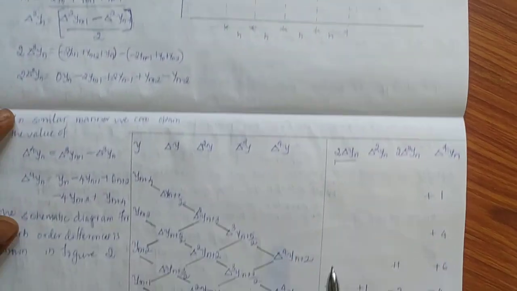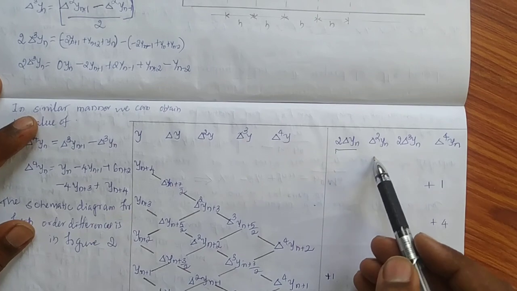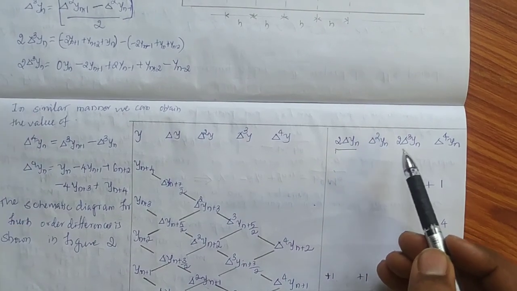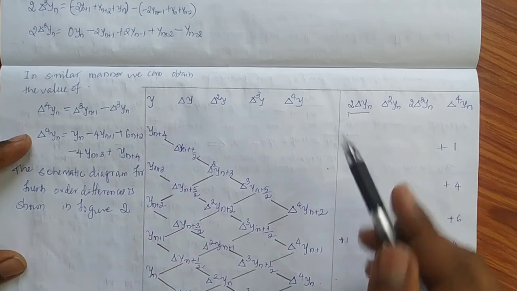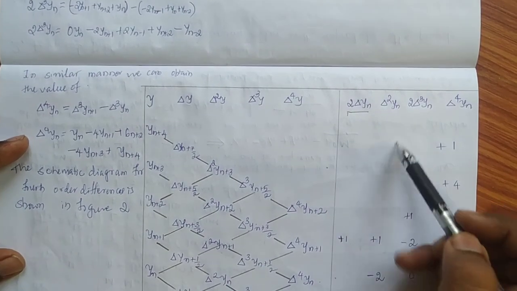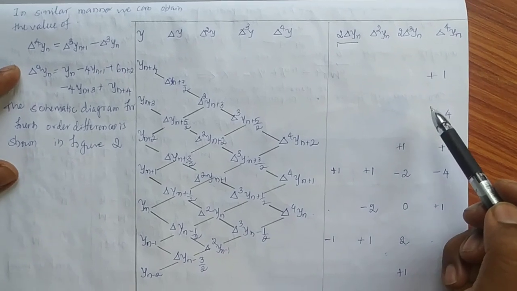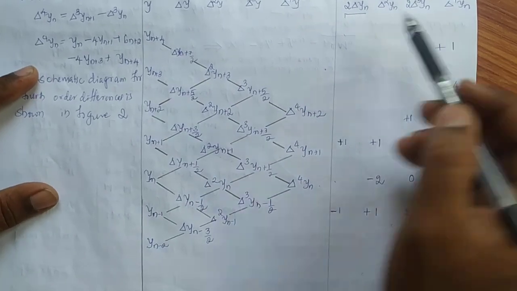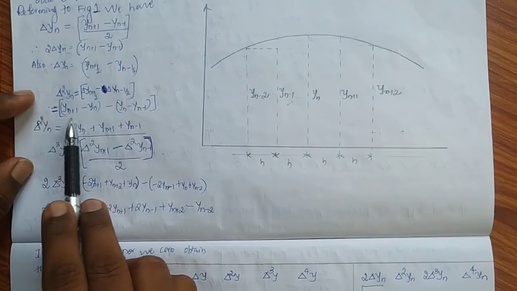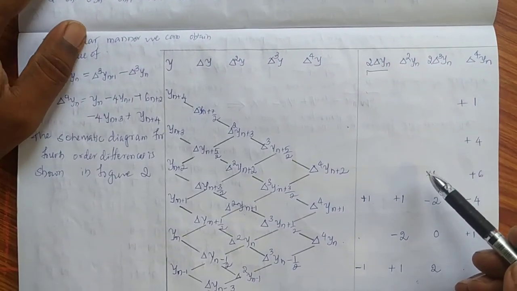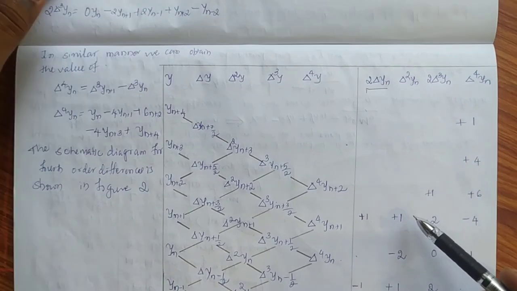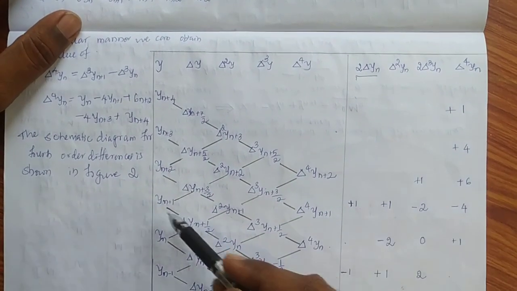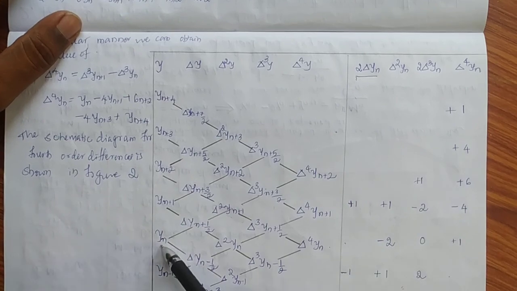And next the equation for delta square yn. If you want to get delta square yn, you just see here, delta square yn is equal to 1 time yn plus 1 minus 2 times yn plus 1 time yn minus 1.